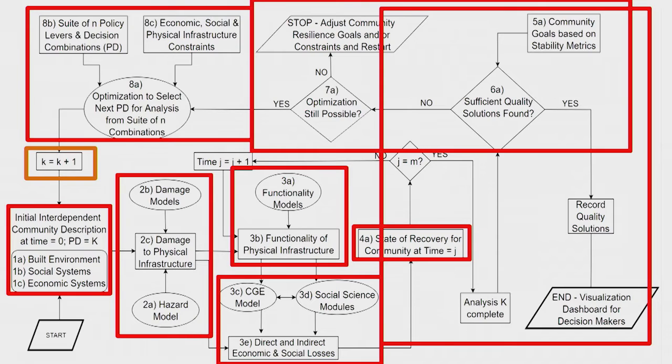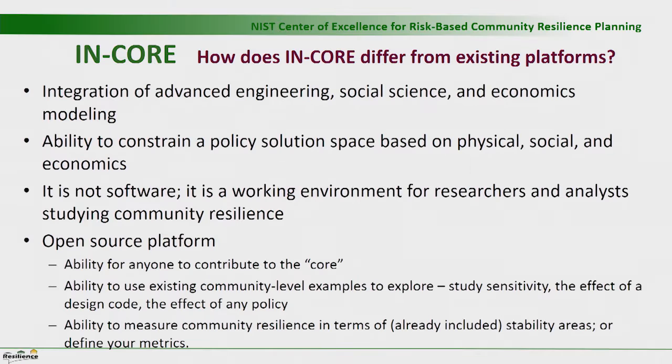If we said, okay, we want 20 policy combinations to consider at the decision maker level. So with that, again, you'll get a better feel for that. That was fairly quick, but you'll get a better feel for that shortly, I hope, when we get to the science behind INCOR coming up in just a moment.